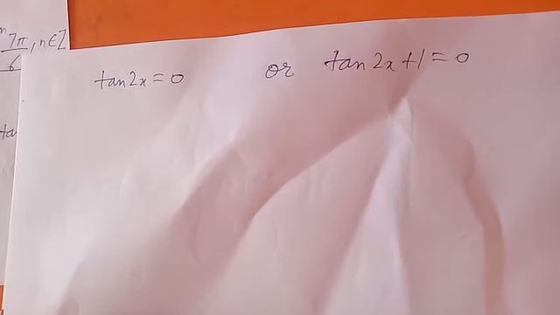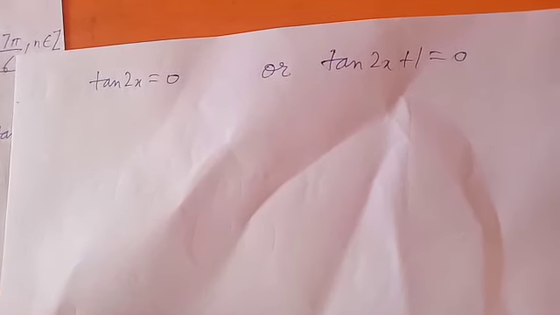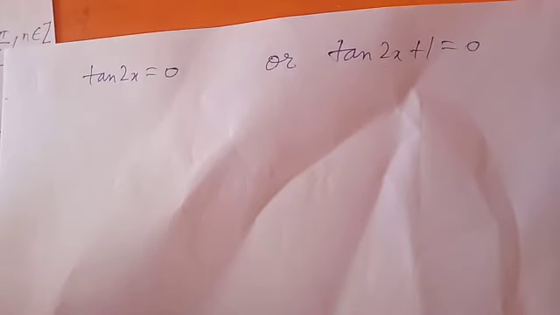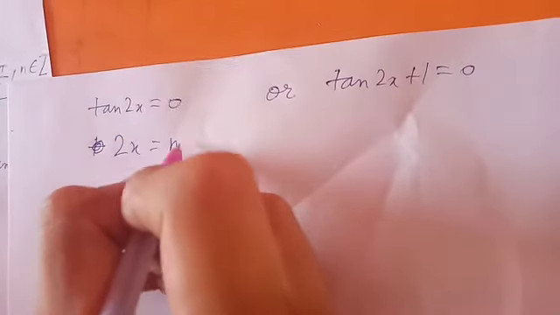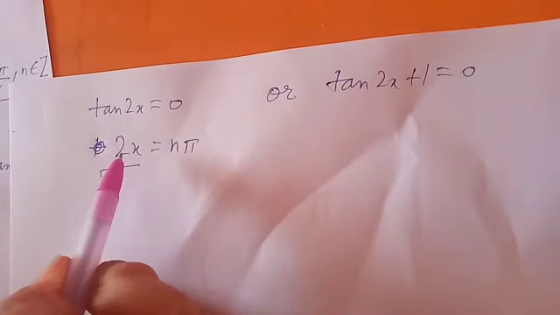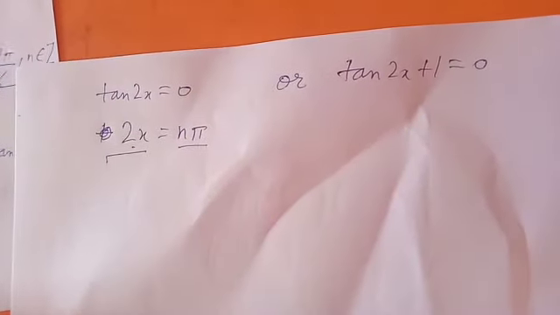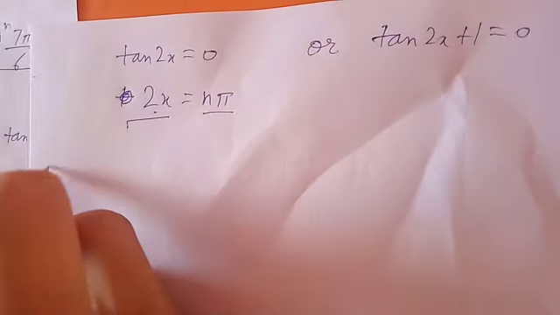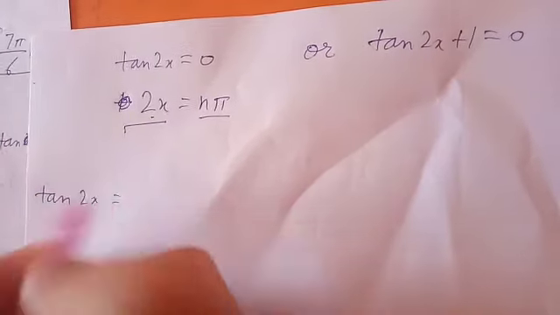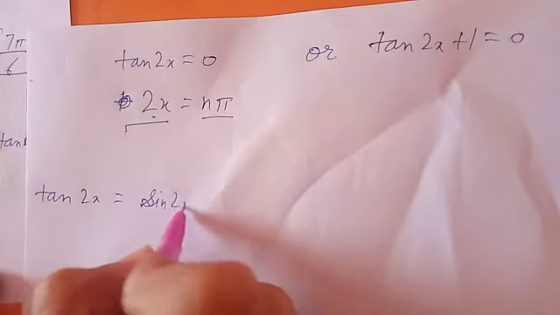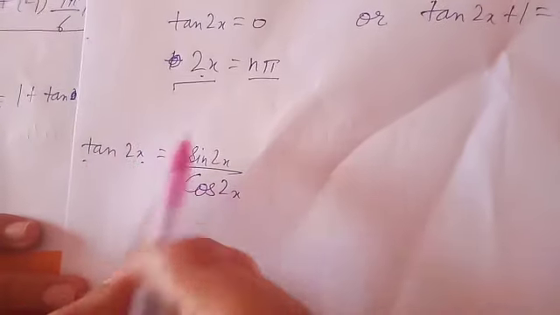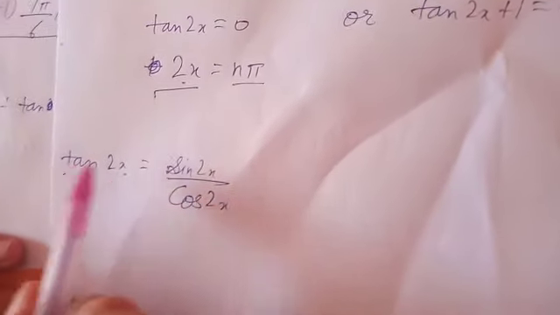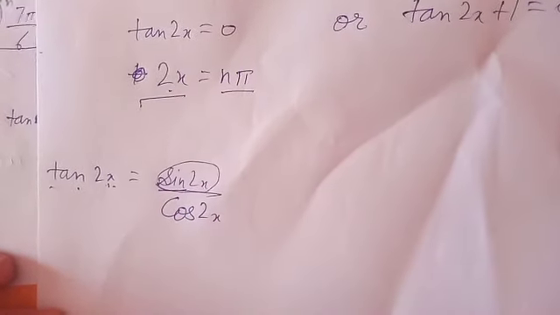So here our tangent 2x will be equal to 0. It will be 0 at every n pi. So we get 2x equal to n pi. It is our angle. Whenever our angle is equal to n pi, we will get tangent 2x as 0. Why at n pi? Because tangent 2x is equal to sin 2x by cos 2x, and we will get tangent 2x 0 whenever our sin 2x is 0.